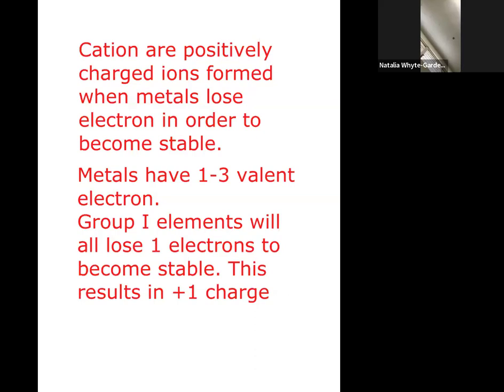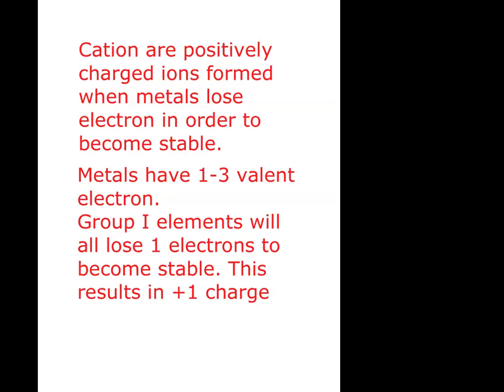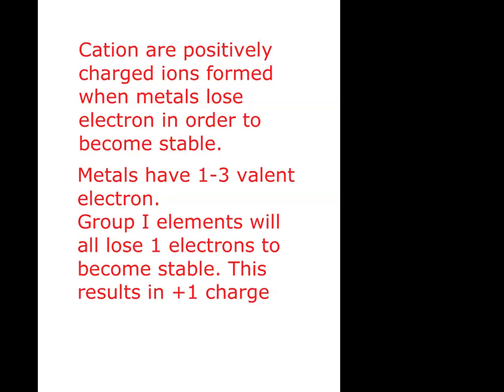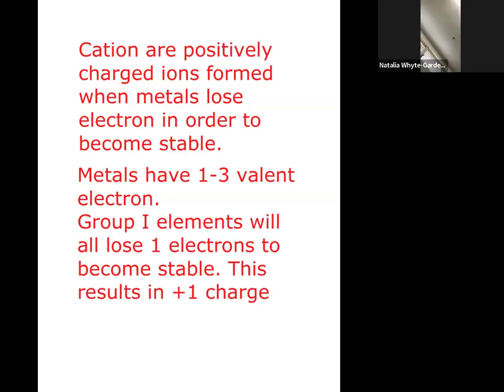Those in group 2, how many electrons will they lose? 2 electrons. Magnesium and calcium, in order to become stable, those are group 2 elements. They need to lose 2 electrons, and when they lose 2 electrons, their charge is +2.